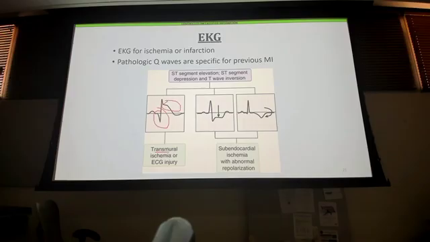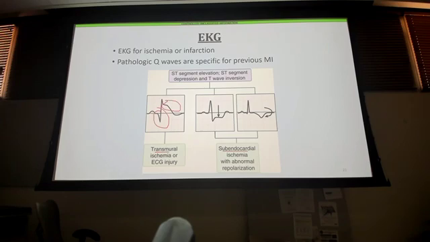When we look at the non-ST elevation ACS, typically we see ST segment depressions and T wave inversions, and this is indicative of subendocardial ischemia. What that means is that the perfusion deficit we're seeing is only impacting a very small layer, usually right adjacent to the endocardium, which is the most susceptible region of the heart.